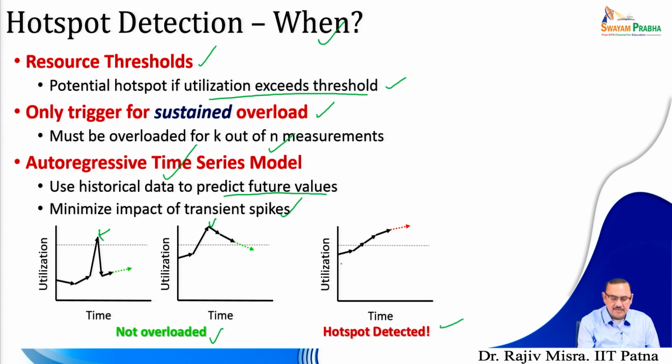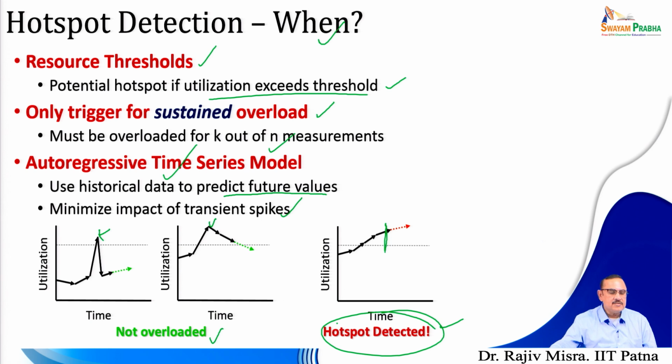Whereas here, utilization has reached a point and is still growing for more demand of resources which are not available. So, this is detected as a hotspot. This auto-regressive time series model is good enough to predict future values using historical data, and is used to detect whether a hotspot is there or not.